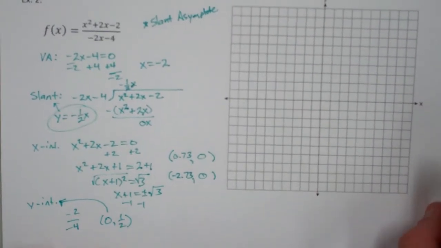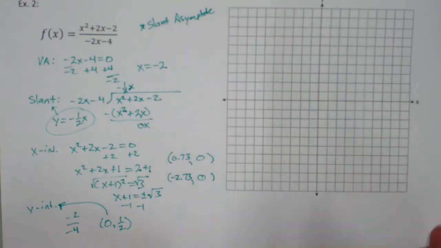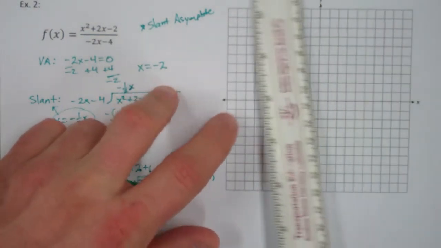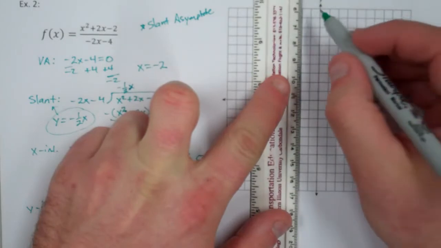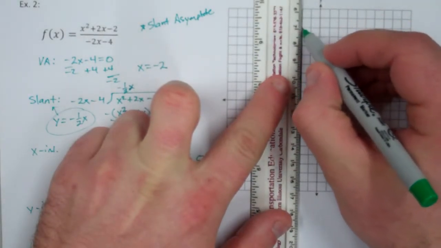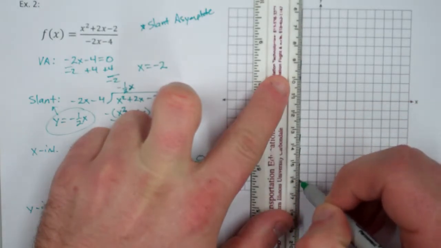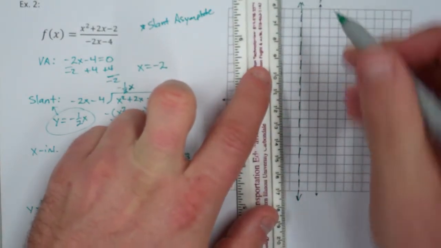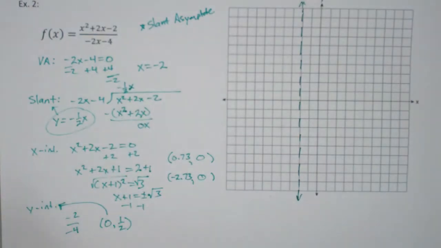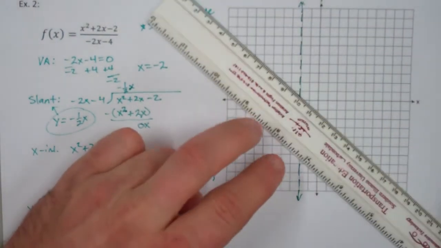We've got a nice graph set up there in the corner. All right. Let's graph the asymptotes. So we've got the vertical asymptote at x is equal to negative 2. And so that one's right here. Alright. And then we've got that negative 1/2 x.